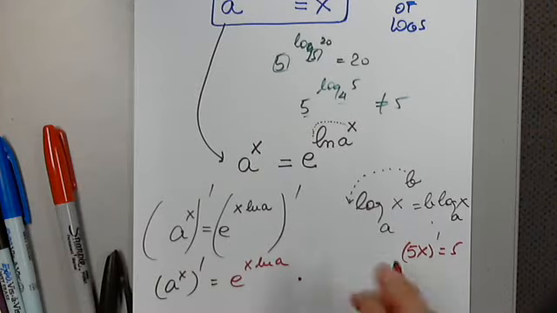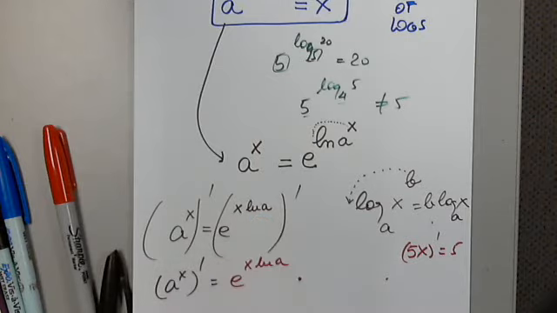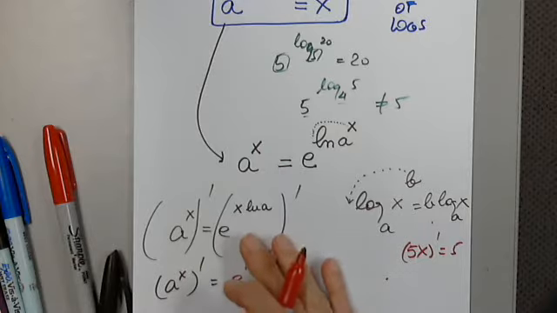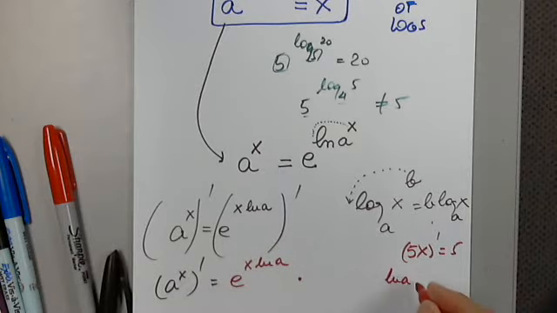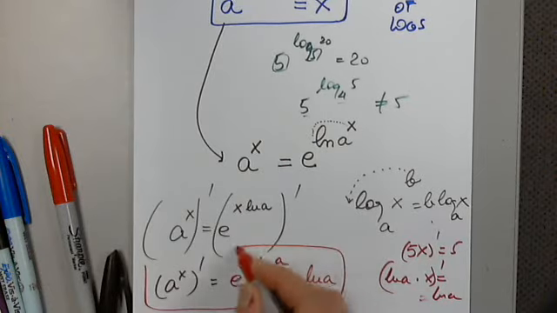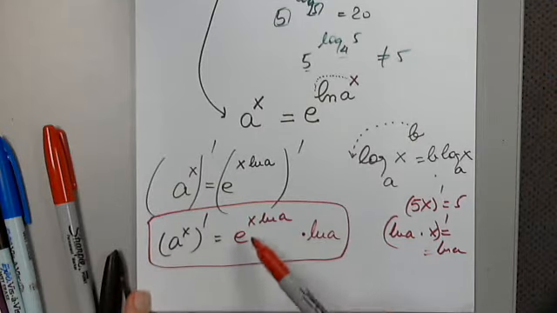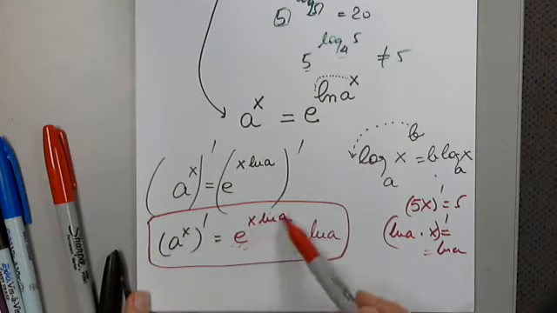In the same way I differentiate, but we don't write anything behind a square root. We don't write anything behind a natural log. But let me write it in a different way. So natural log a times x prime will be natural log a, because x prime is 1. So times natural log a. So for now, this is the intermediate step, but we know exactly what this means.